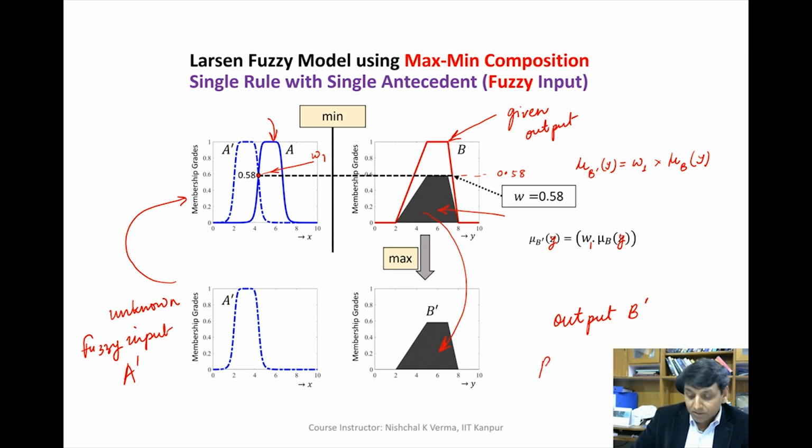This B dash can be denoted simply by, I can write here, this is the output, and this is B dash, and this is nothing but the summation of mu B dash y over y.